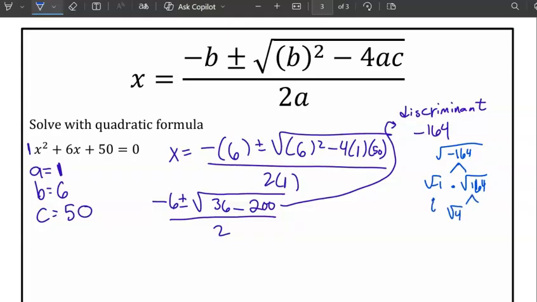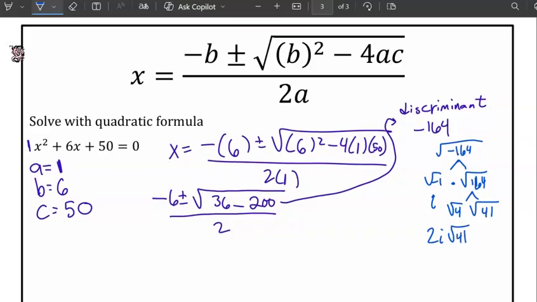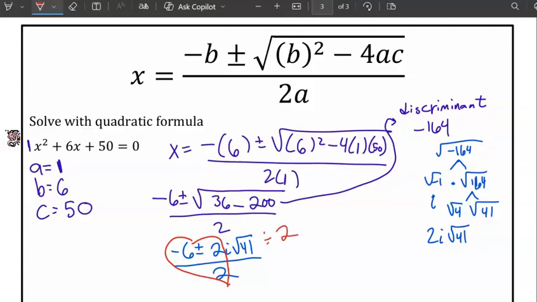Looks like we could take out a 4. And so we have 2i square root 41. Let's rewrite this. Negative 6 plus or minus 2i square root 41 all over 2. Now let's simplify our fraction, like on the first page. These are all even numbers. Divide out 2. Negative 3 plus or minus i square root 41. Those are your two solutions for x.